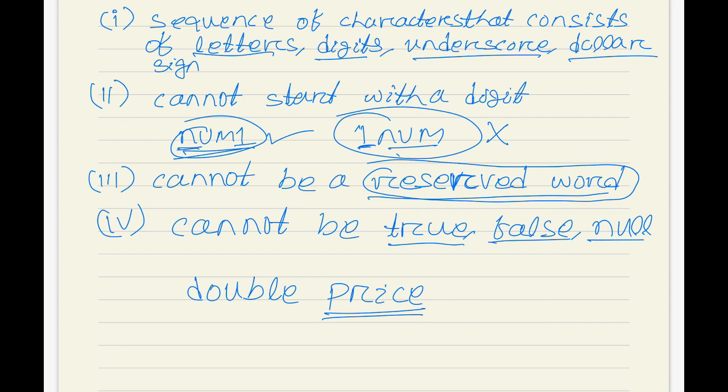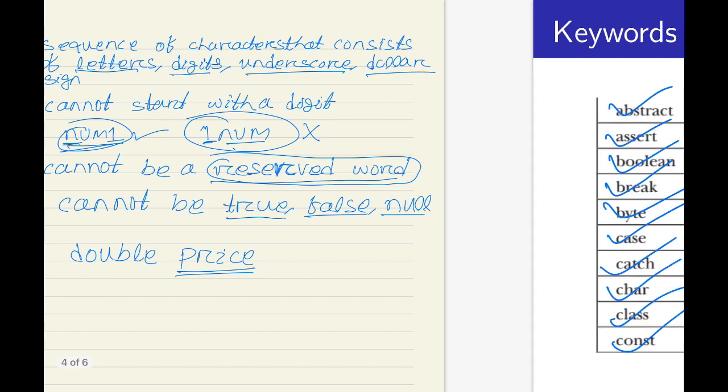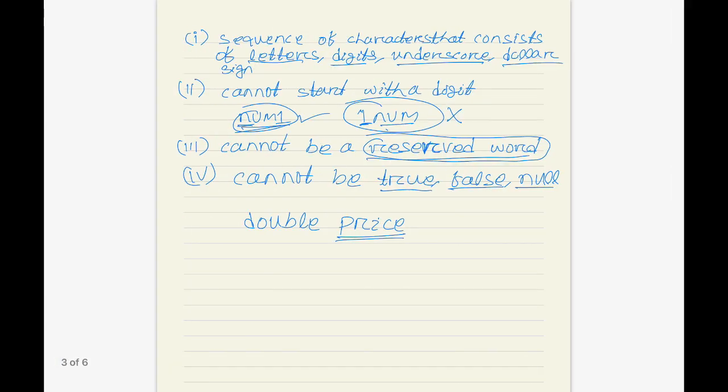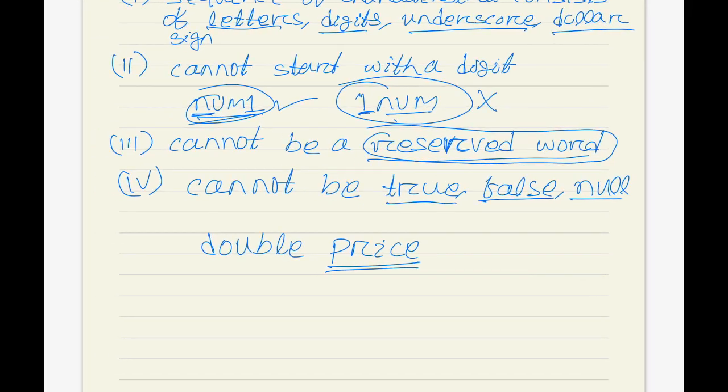Yes, it is a sequence of characters, consists of only letters. Then rule 2, it cannot start with a digit. Yes, price is not starting with a digit. Cannot be a reserved word. Yes, price is not a reserved word, like here you can see price is not a reserved word. Cannot be true, false, null. So price cannot be true, false, null. Yes, so price is a valid identifier.